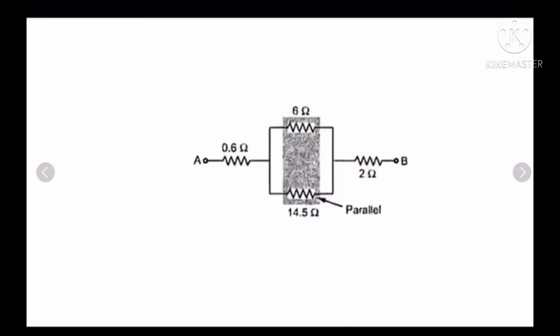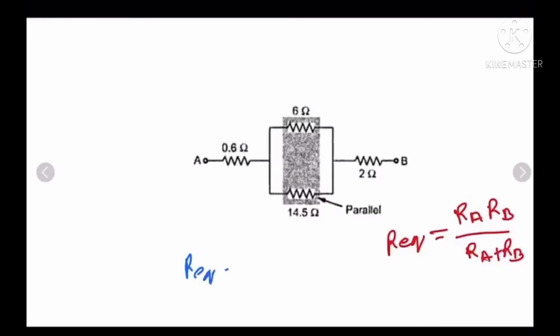Now we can easily see that these two arms are in parallel, so we will again use the same formula: R equivalent for a parallel circuit is RA into RB divided by RA plus RB, multiplication divided by addition. So we'll do the same calculation, 6 into 14.5 divided by 6 plus 14.5.